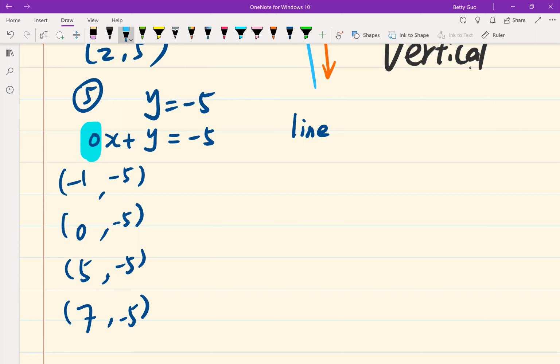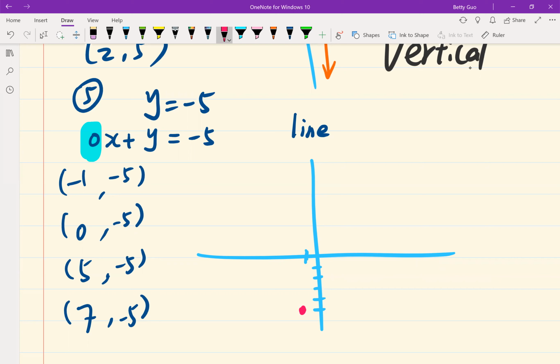If we plot them in the same rectangular coordinate system, let's see what we would have. (-1, -5): to the left 1 unit, go down 5 units. This is 1 unit to the left of the origin, and 1, 2, 3, 4, 5 units below. So this is (-1, -5), right?